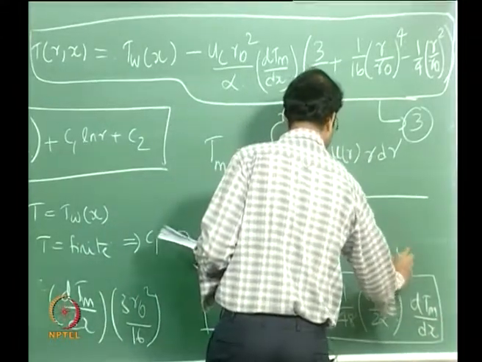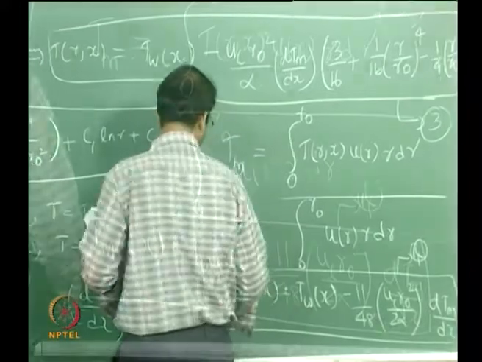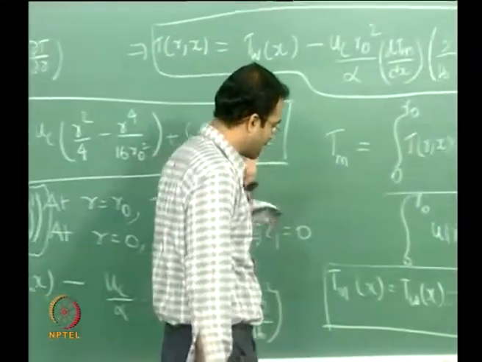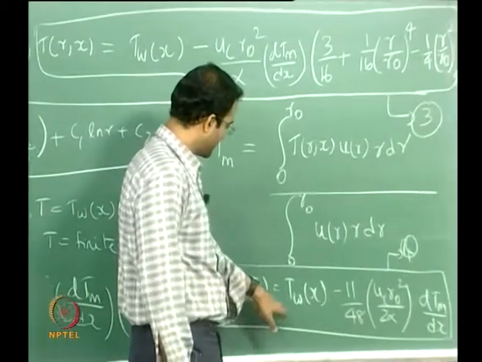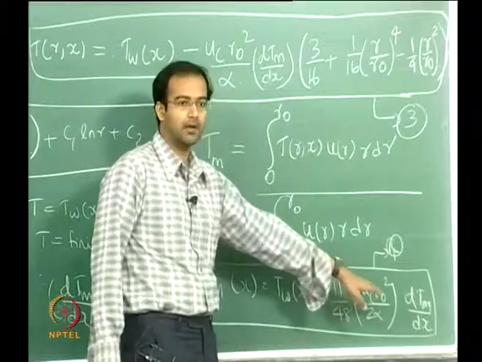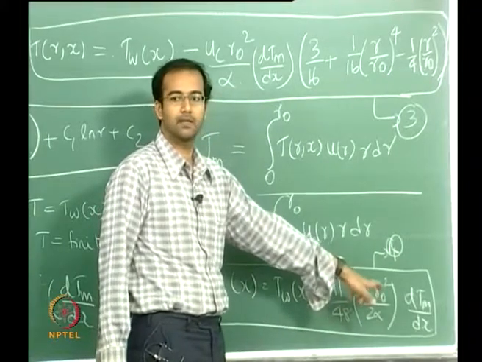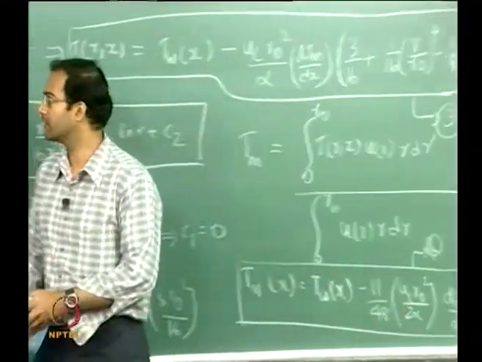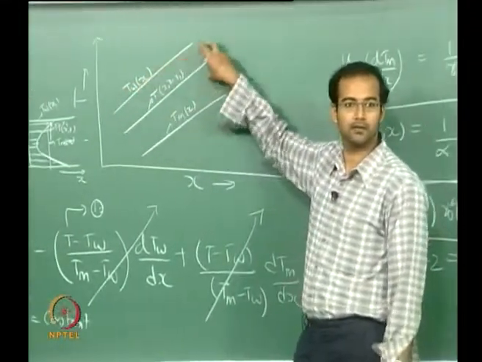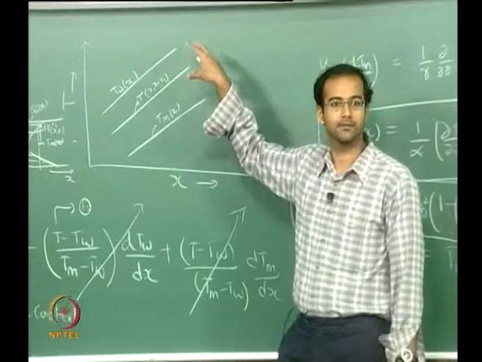This is the variation of mean temperature with respect to x. So therefore you can see your Tm minus T wall is going to be a constant because dTm by dx is a constant. So the difference between the two, Tm minus T wall, has to be a constant.